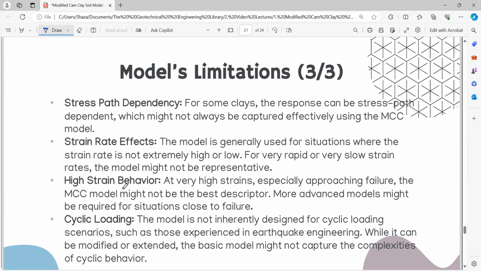So in case you are dealing with conditions where you know there are very rapid or very slow strain rates, it is recommended not to use this model because it's not representative in this case. As I said before, the high strain behavior cannot be described in detail using this model.